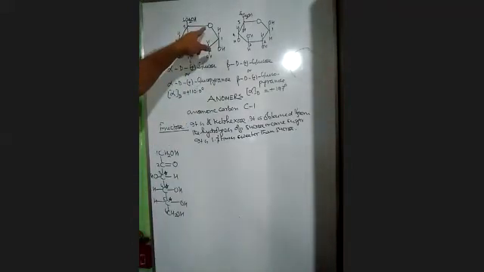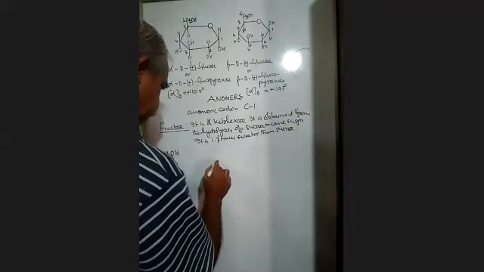But in case of fructose, you have the carbonyl carbon at the second carbon. So what will be the size of that ring structure? 1, 2, 3, 4, 5. So fructose will show you 5-membered ring structures.